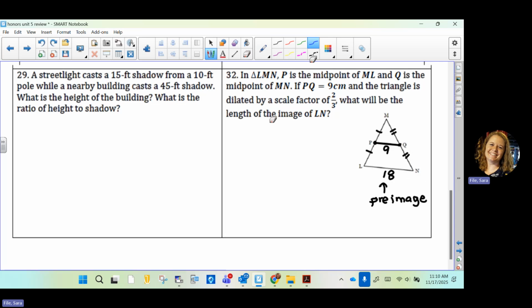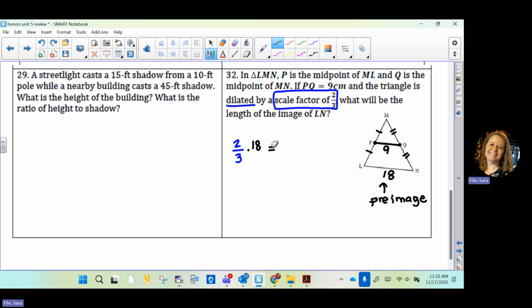They're asking in the new image, after the scale factor. Well, your scale factor is your multiplier. You are multiplying by that scale factor. So I'm going to do 2/3 of 18. Or 2/3 times 18, however you want to think of it.